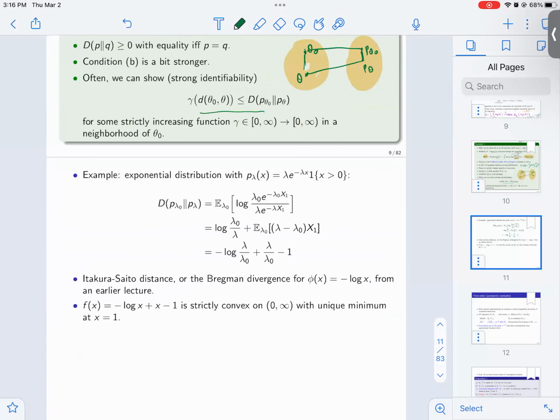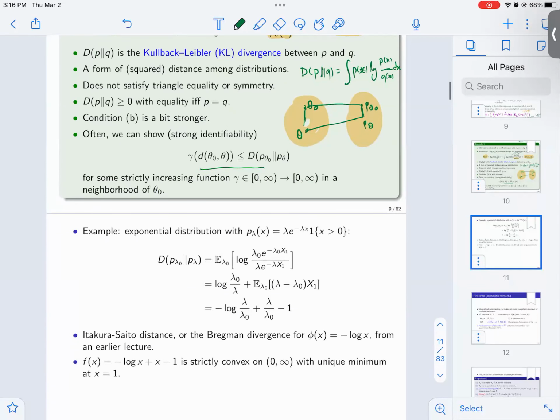For example, you can calculate the KL divergence in exponential families, and generally speaking, it would lead to some sort of a Bregman divergence. If you do it for the exponential family, not the exponential distribution, which is a special case of the exponential family, you end up with this Bregman divergence, and this satisfies the sort of criterion that we had.